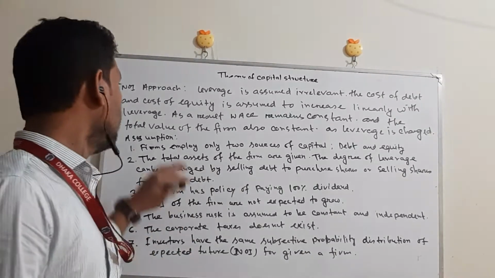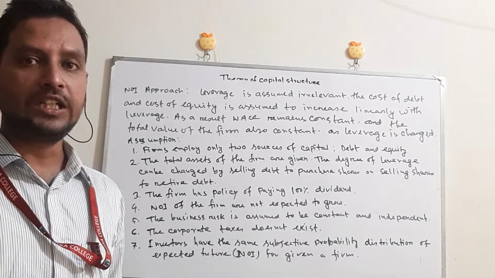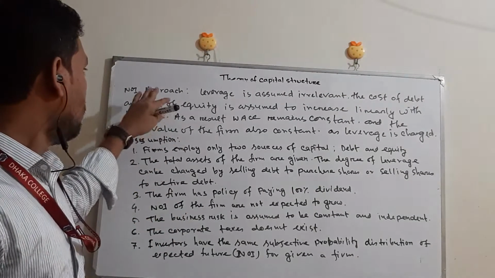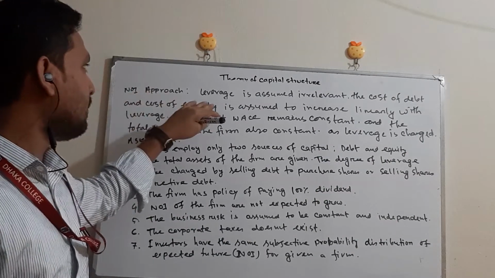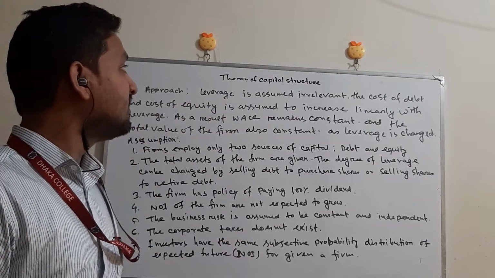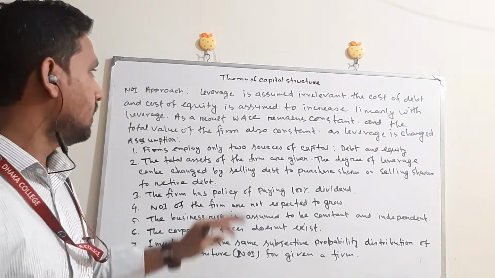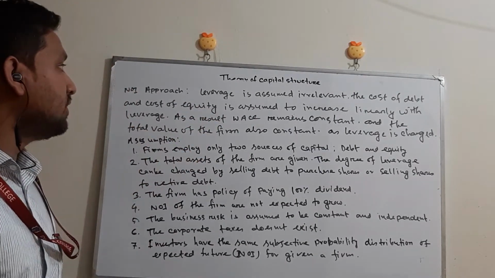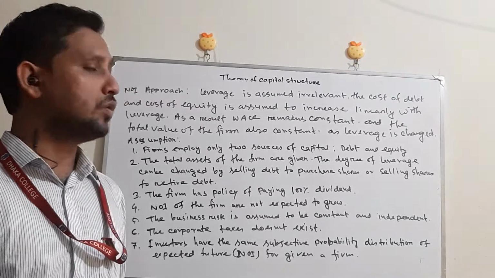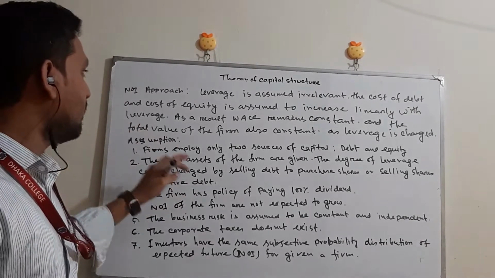Now the NOI approach, the net operating income approach. What is said under the NOI approach? Leverage is assumed irrelevant. Here the cost of debt and the cost of equity are assumed to increase linearly with leverage.